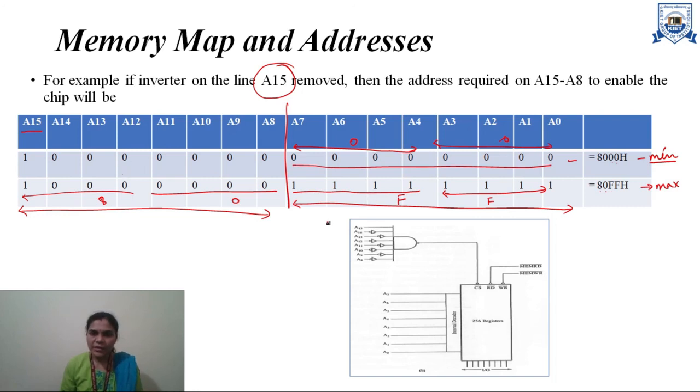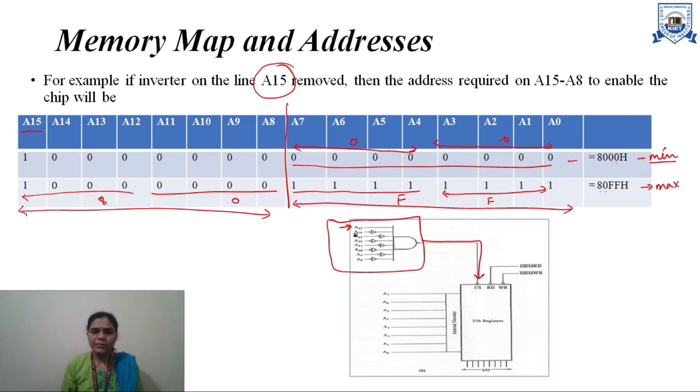So here in this diagram, you can see that we removed the inverter from the A15 line. We make it logic 1 or logic high, and this is the fixed logic, and this chip selection hardware will be used to select a chip.